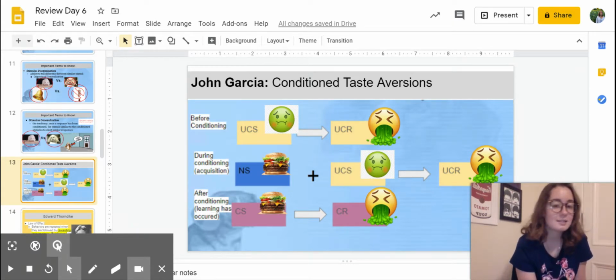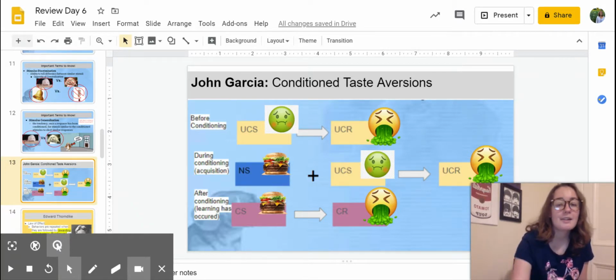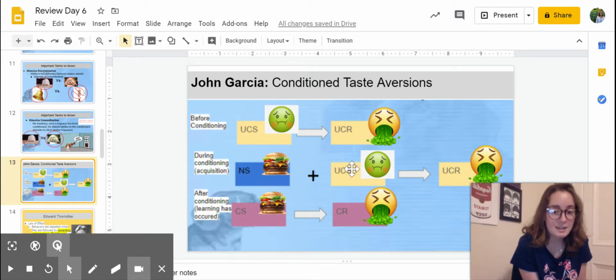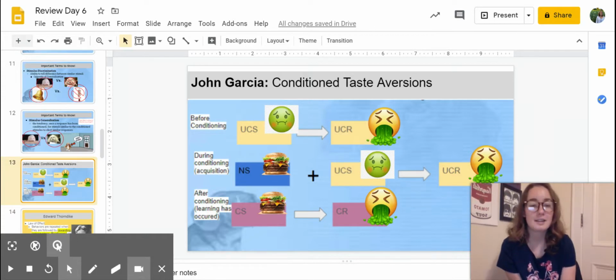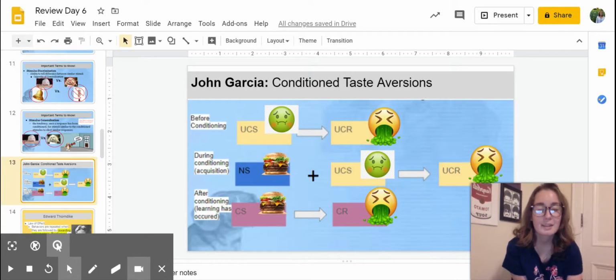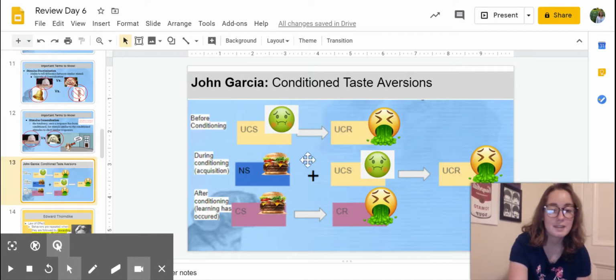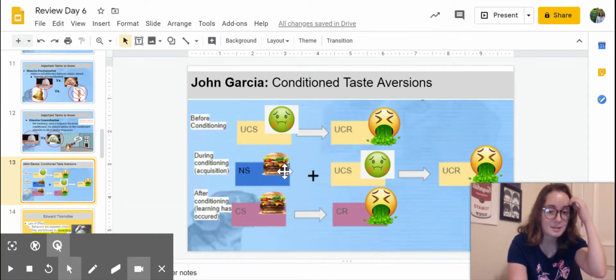Before, it didn't cause anything. It was just a cool burger, whatever. But then I paired it. Now I've become sick and caused that unconditioned response of throwing up. And I can't help that. It doesn't feel good. So it was just that one-time thing, right? I'm not repeatedly eating Burger King, getting sick and throwing up. But after that one time, I now have an aversion to Burger King.